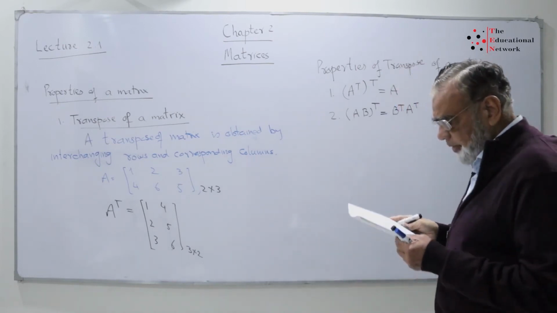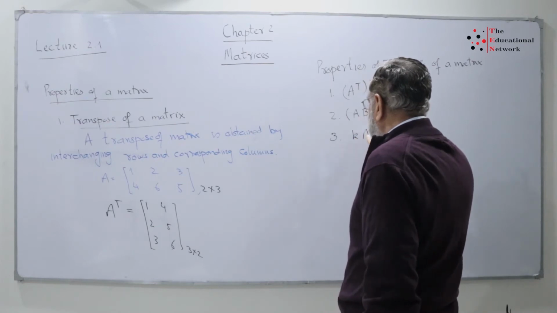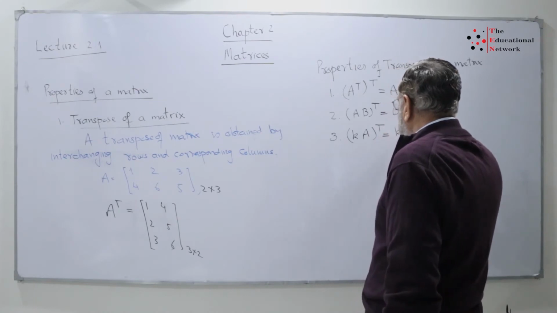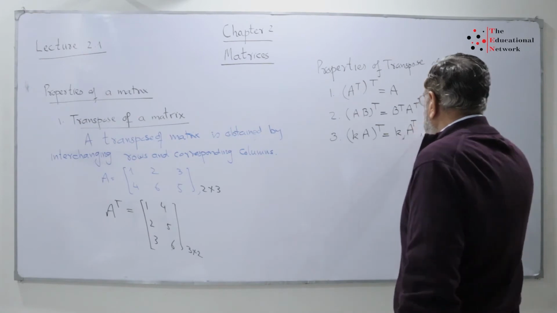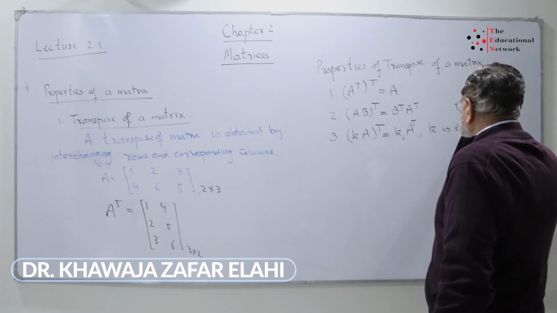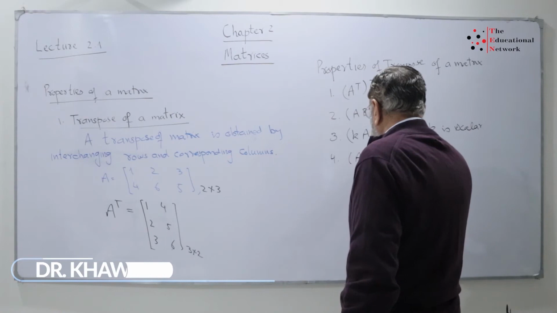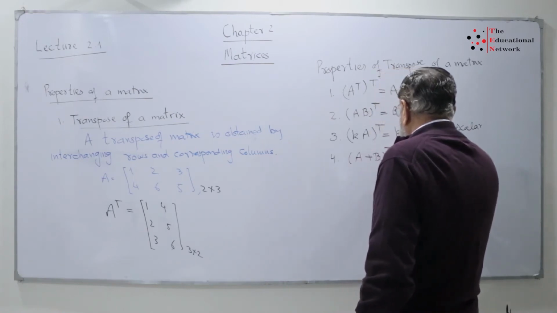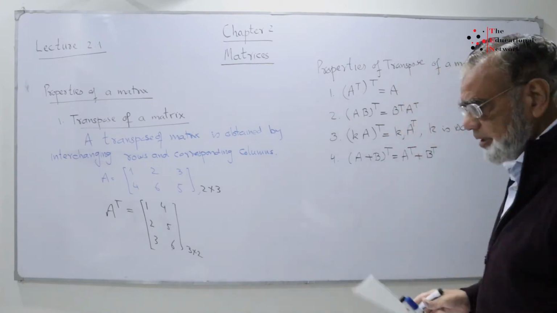The order is changing. Number 3: K is a scalar, A is a matrix, the transpose of KA is equal to K times A transpose, where K is a scalar, not a matrix. Number 4: we have two matrices A and B. We add them and take the transpose, which is the same as taking the transpose of each matrix and adding them. So these are the 4 properties.